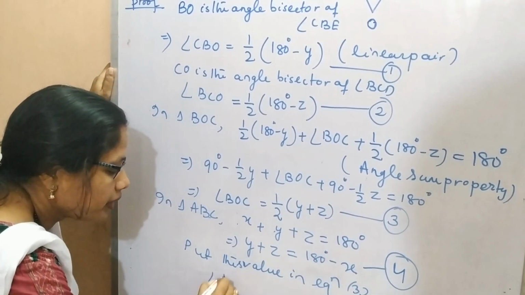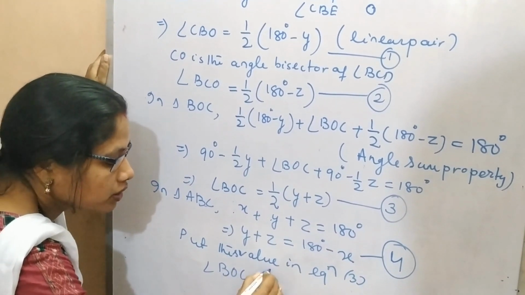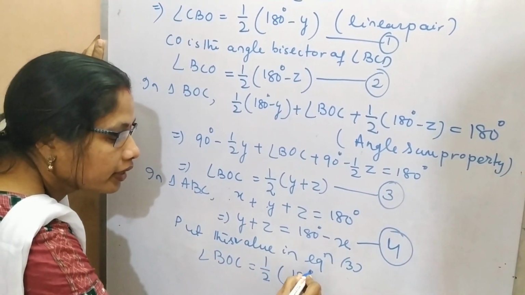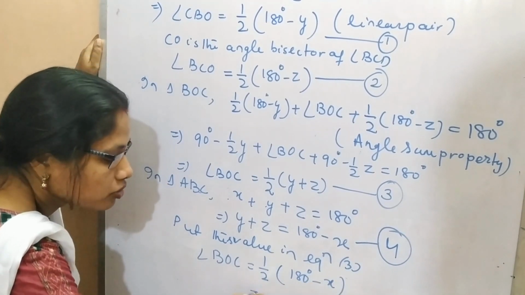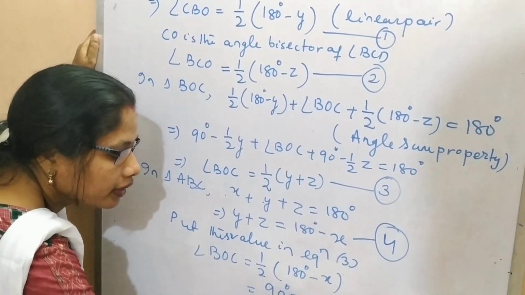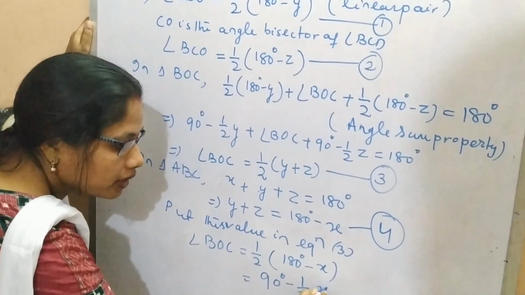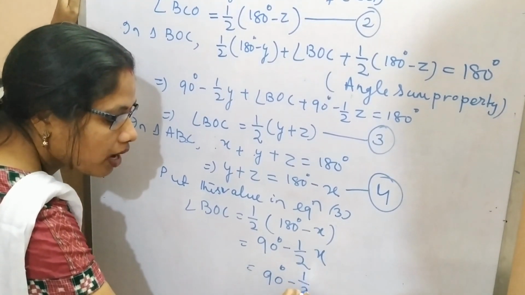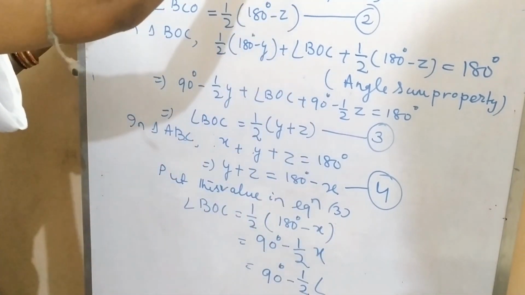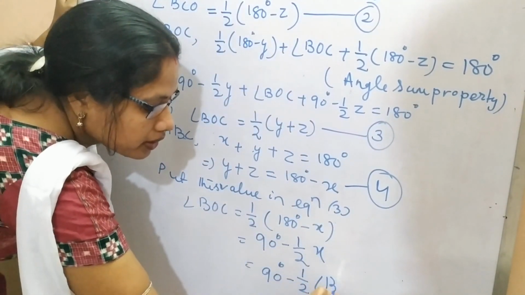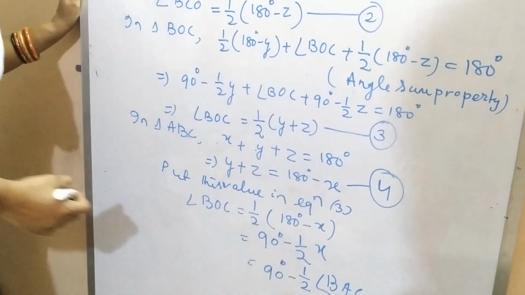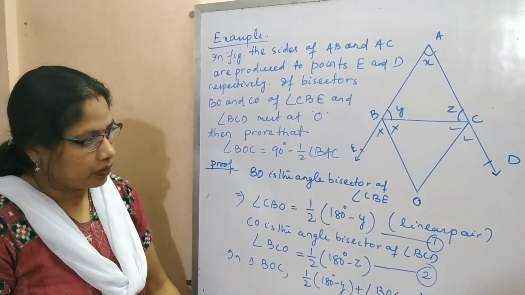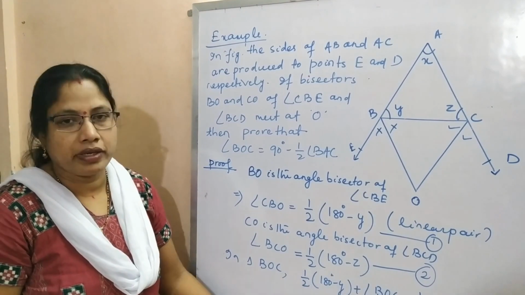So angle BOC is equal to half of 180 degrees minus X. So this is equal to 90 degrees minus half X. So this is equal to 90 degrees minus half of angle X, which is our angle BAC. By using these properties, we can solve so many examples.